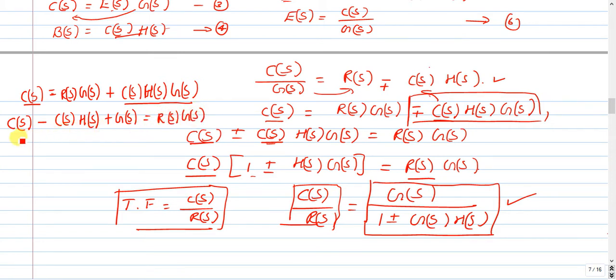Then I have the term C of S as common. This is output, I will take it outside.